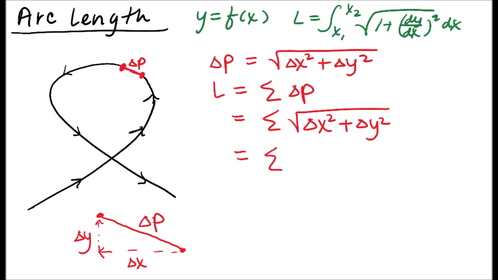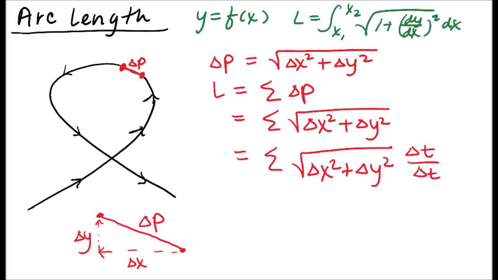So I'm going to multiply by a clever form of 1, which would be delta t over delta t, right? Because all these things depend on t, so if I'm going to integrate, I'm going to have to integrate with respect to t. But even still, this delta t in the denominator is not really doing me any good. So I'm going to replace that with a square root of delta t squared. Very similar to how I got the formula for arc length of a regular function.